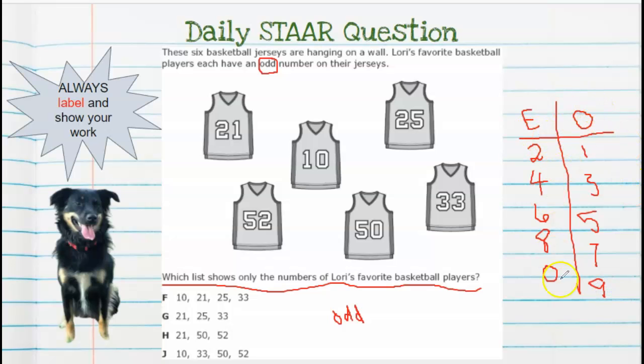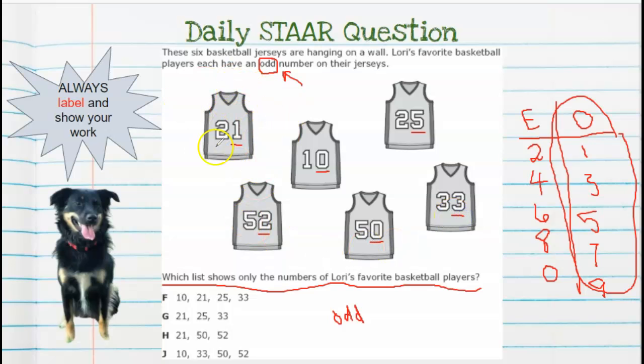And we are looking for odd numbers. It says it right here, odd numbers. Okay? So, what place am I going to look in all of these numbers? The ones place. Remember, always underline your ones place to show your work and draw your even and odd chart.